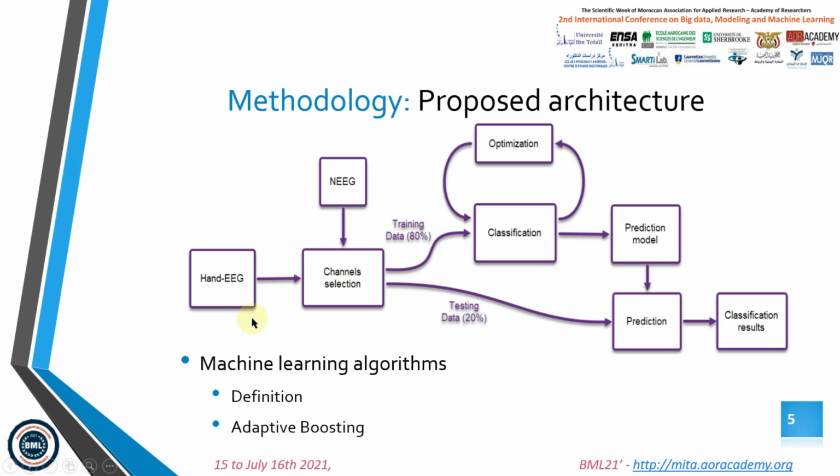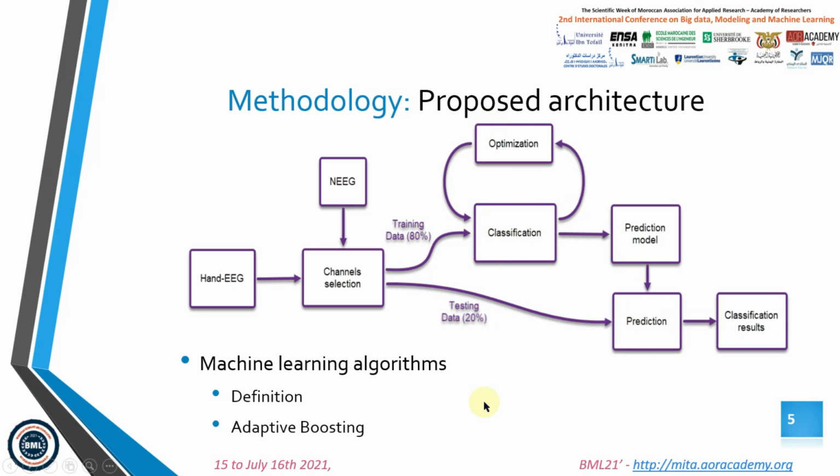After the acquisition of the EEG signal when moving the left or the right hand, we can apply the AdaBoost for the classification and for the channel selection of the best electrodes used for classification and prediction. For classification we use 80% of the EEG data and the remaining 20% is used for the prediction. Also we use the optimization to improve the classifier parameters and to increase the classification results.